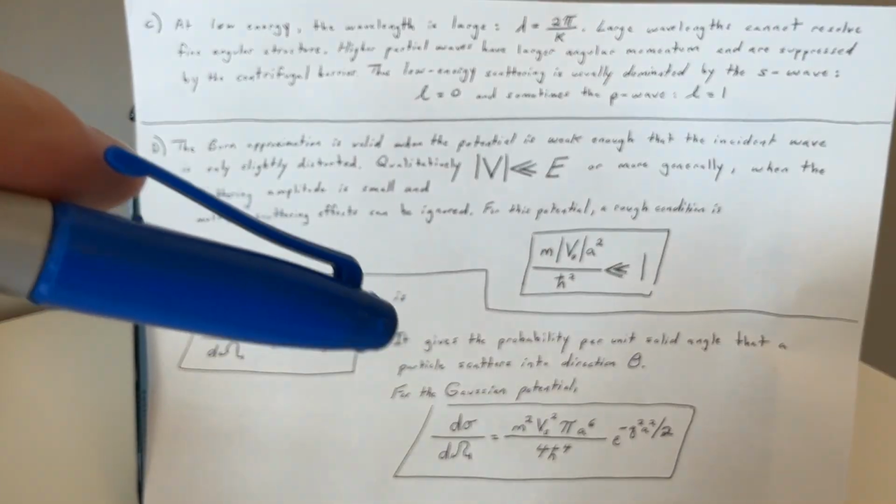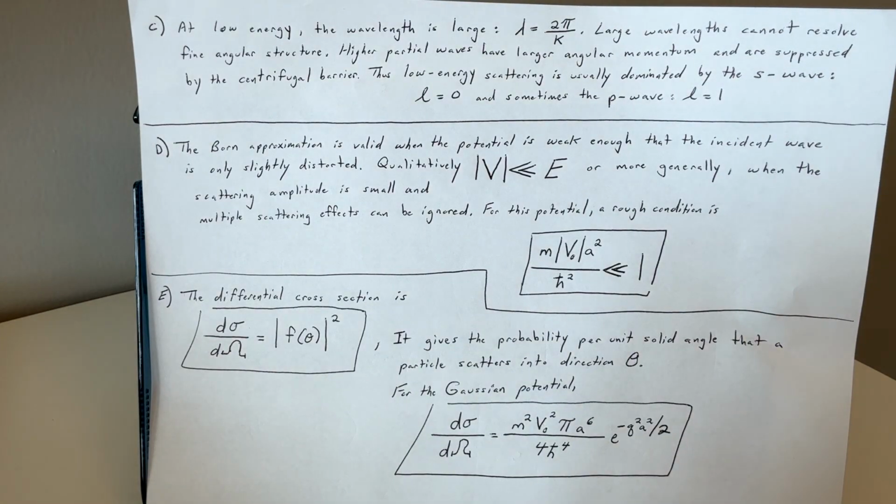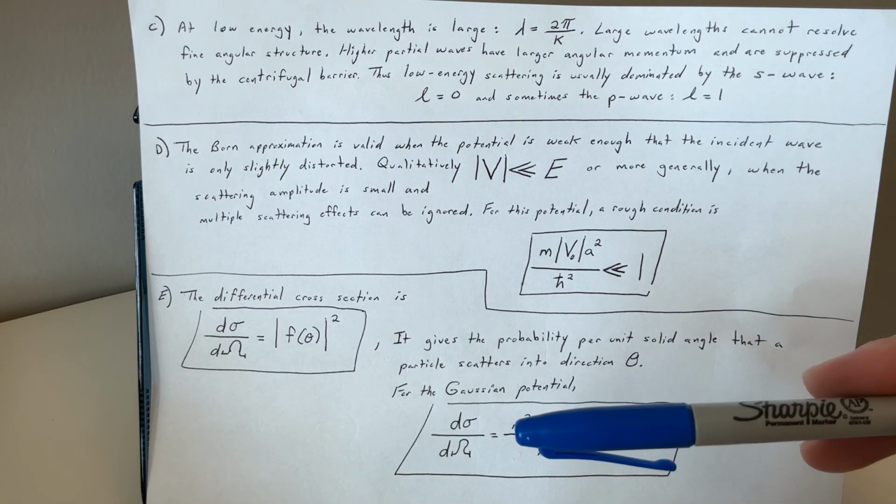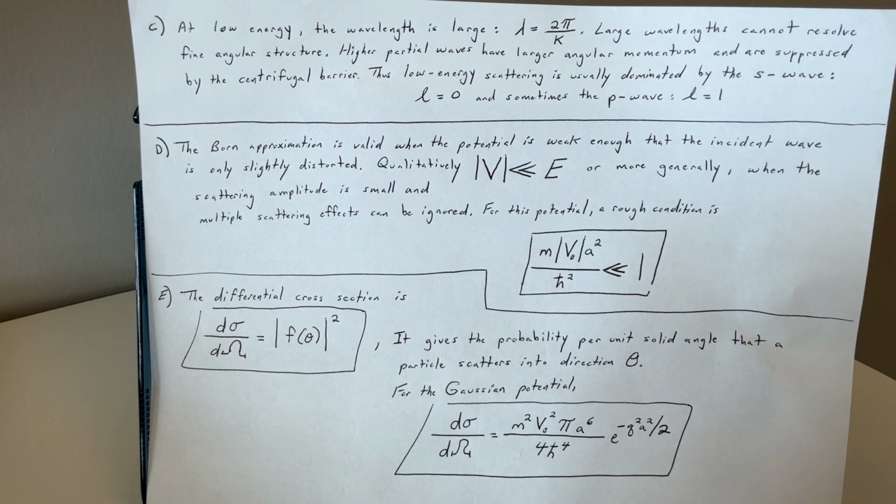And for the Gaussian potential here, dσ/dΩ equals m squared V naught squared π a to the 6 over 4 ħ to the 4th times e to the negative q squared a squared over 2.